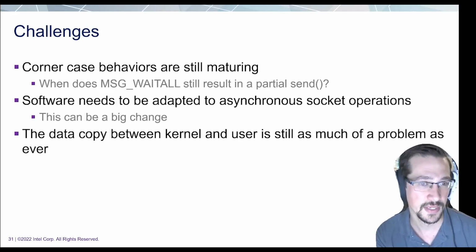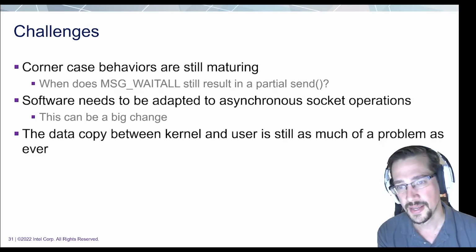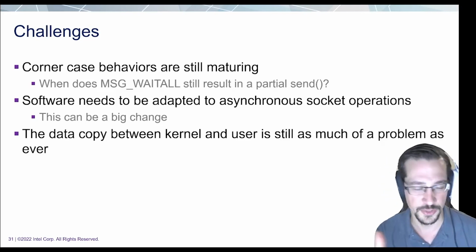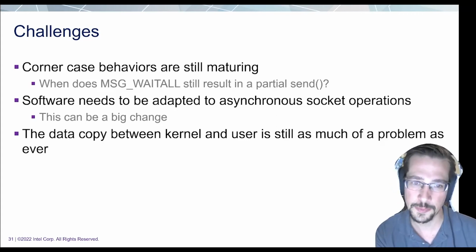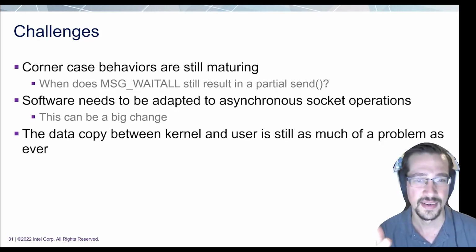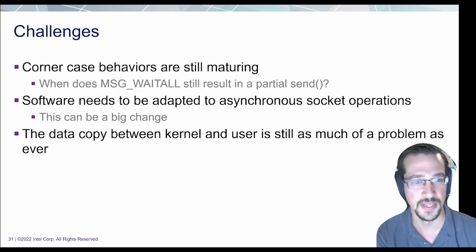I would think never, and I think you would want to be able to post an asynchronous send and say, I don't want you to complete this until it really sends, because you don't need to know about a partial send if it's async already. But there are cases where people are still reporting partial sends, and so we need to work through some of that. Maybe by the time this talk airs, it's already worked through. I don't know. That's an active discussion.